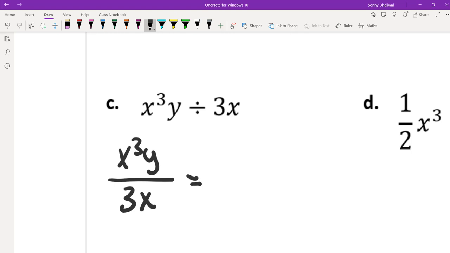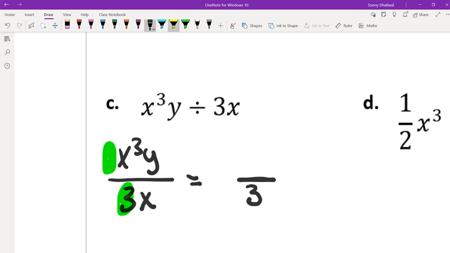How do we clean this one up now? So we have a number on the bottom. It remains as is. The number in front on the top is a 1. It says 1/3. We're not going to do a decimal here, so we'll have a 3 at the bottom of our fraction.